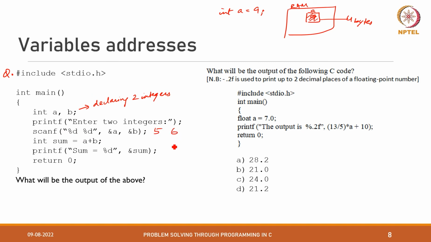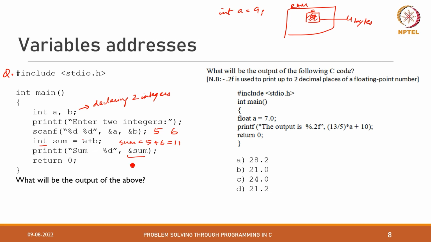Then we are defining another variable called sum, and we are saying sum is equal to a plus b, which is basically 5 plus 6, so sum will be 11. Now I am printing sum is equal to %d, and I am printing something, right?